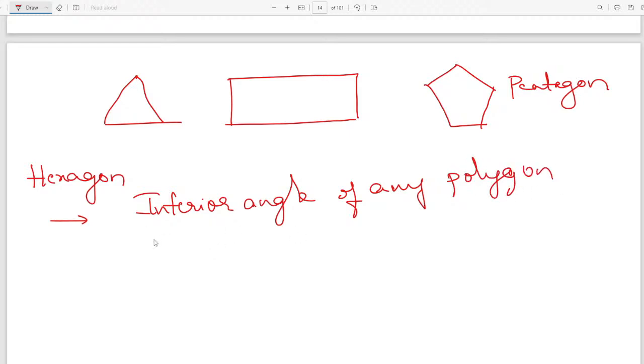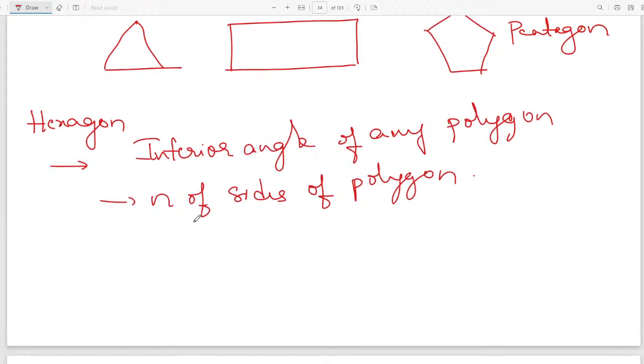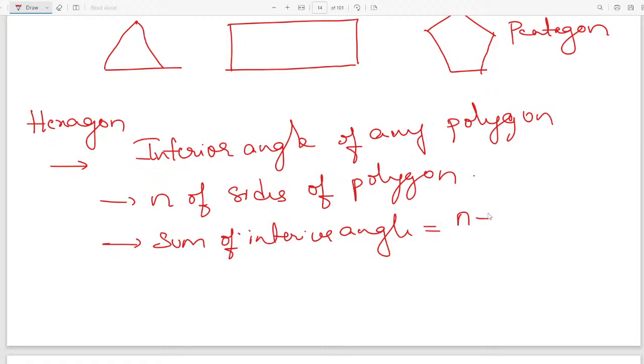If n is the number of sides of that polygon, then the sum of interior angles is given by (n minus 2) into 180. So this is the sum of interior angles.